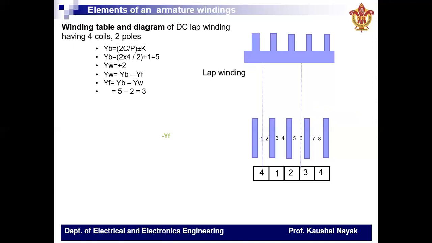For simplex lap winding, having a double layer winding and also slots containing only two coil sides will always have winding pitch of +2 for progressive lap winding.